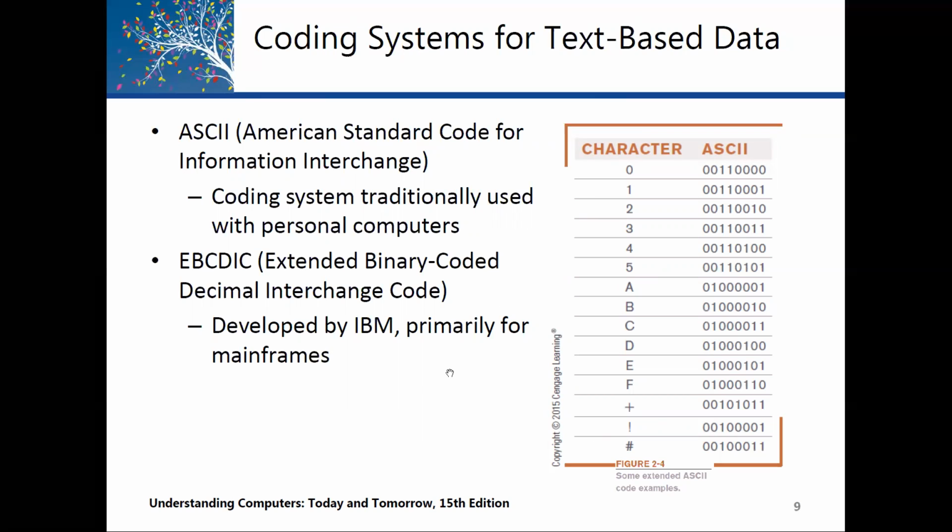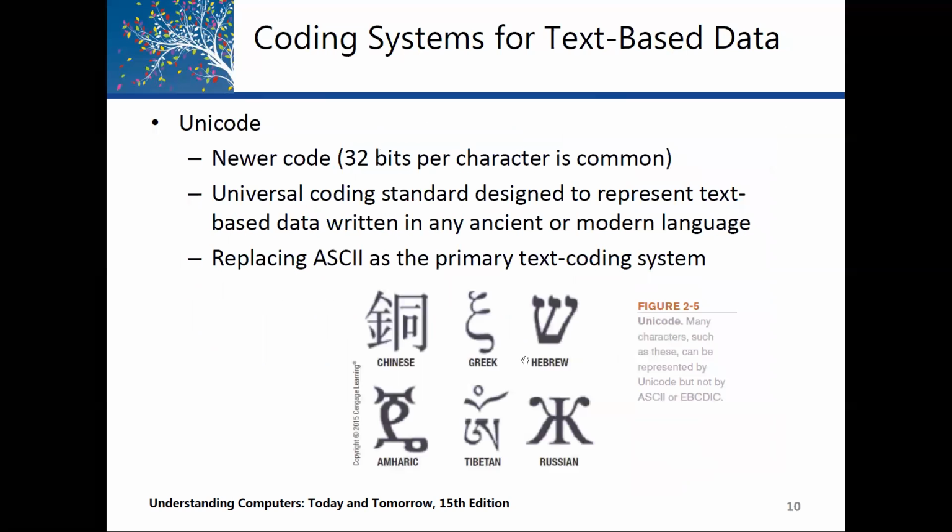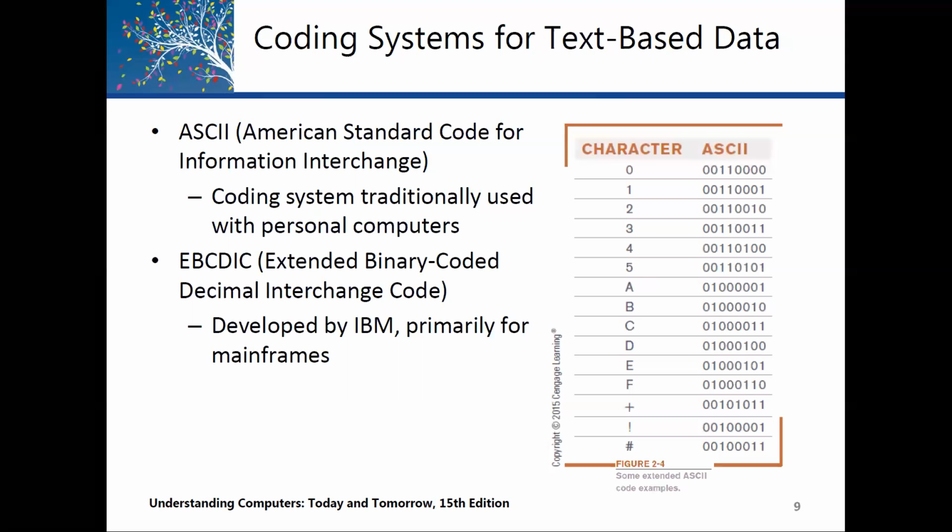Then we have another coding strategy, the Extended Binary Coded Decimal Interchange Code, also developed by IBM, and primarily used for mainframe computers. And again, 8 bits can represent only 256 symbols, which is not enough.